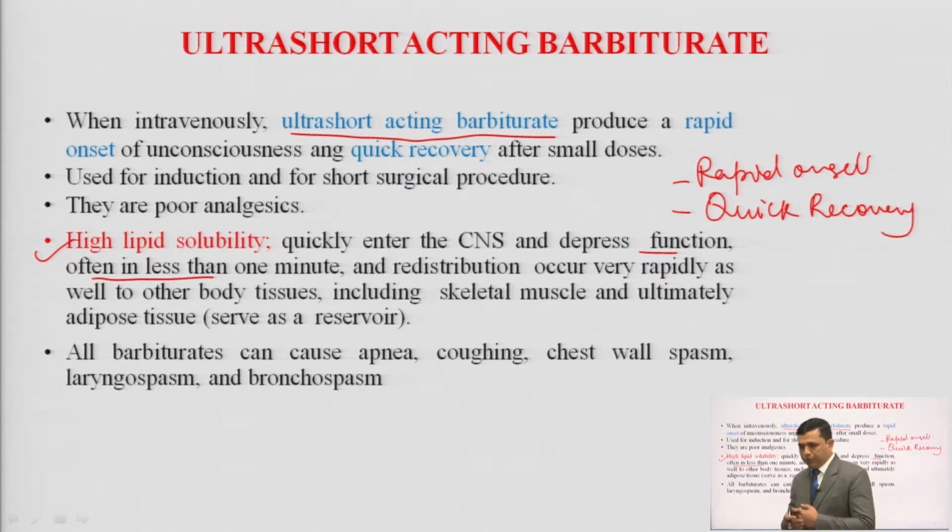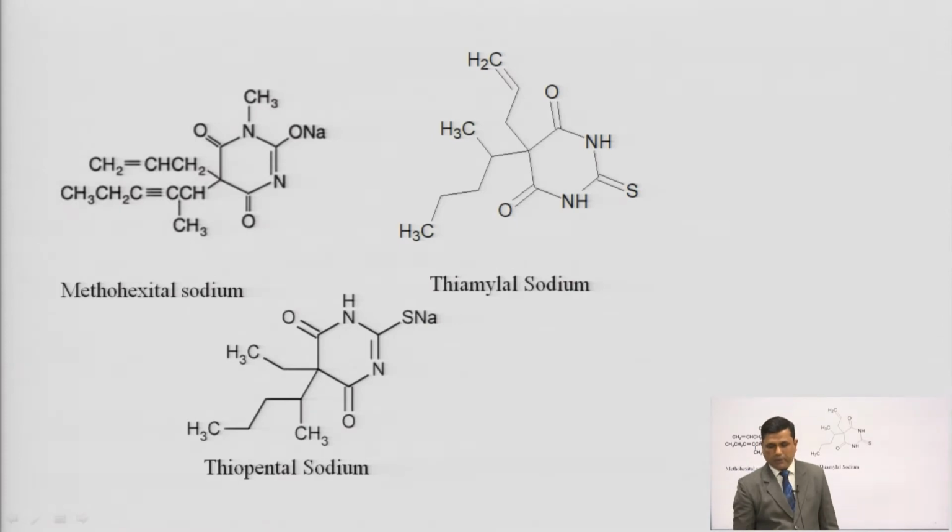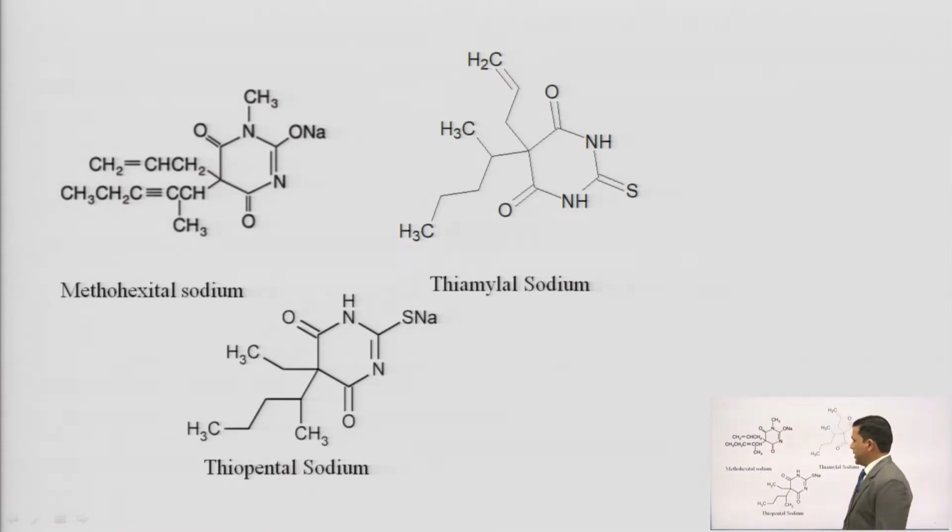Distribution to the other parts of the body also occurs very rapidly. All the barbiturates can cause apnea, coughing, chest wall spasm, laryngospasm and bronchospasm.